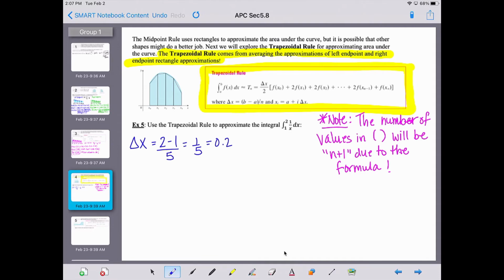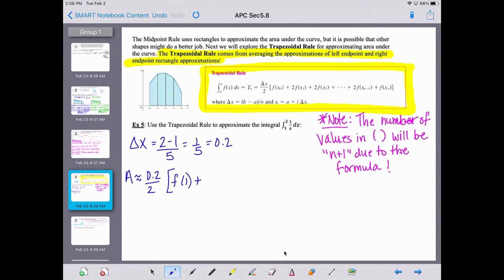So just generically looking at our formula and trying to write a generic approximation for our area, it is going to be approximately equal to our delta x, which is 0.2, divided by 2, times, and then it's the lower endpoint, so f of 1 is our lower endpoint, plus, and then again, we're just adding that delta x on, right?